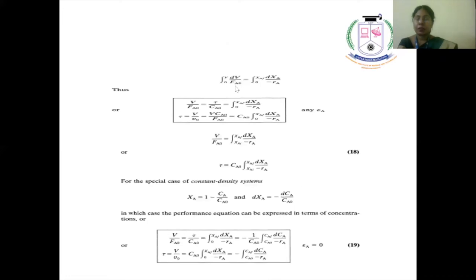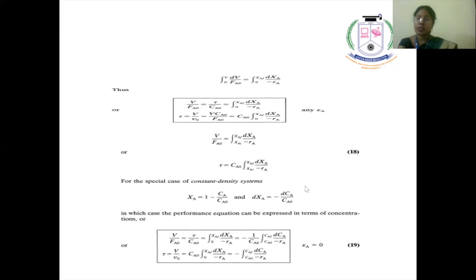which, when we integrate between the limits 0 to V for dV by Fa naught, and 0 to Xa for dXa by minus Ra, becomes V by Fa naught equals tau by Ca naught equals the integral from 0 to Xa of dXa by minus Ra. And tau equals V by v naught, which equals Ca naught by Fa naught times V, equals Ca naught times the integral from 0 to Xa of dXa by minus Ra.